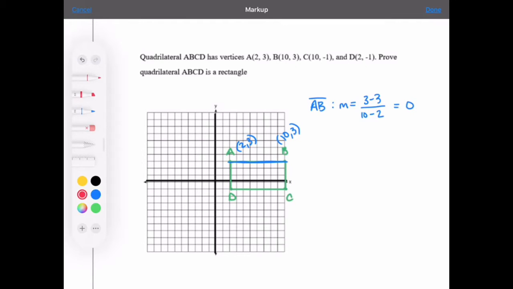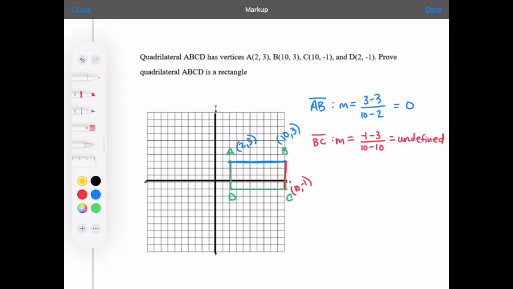Alright, now we look at BC, and C is at (10, -1). So BC, the slope is -1 minus 3 over 10 minus 10. But that is undefined, right? Because you can't have 0 on the bottom.